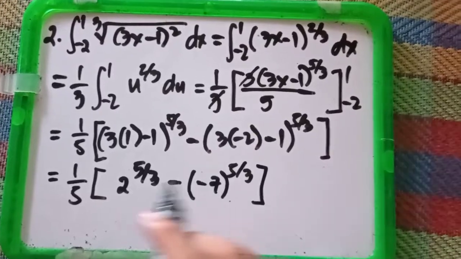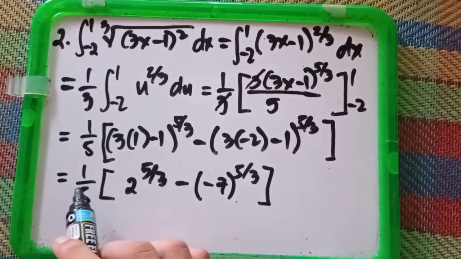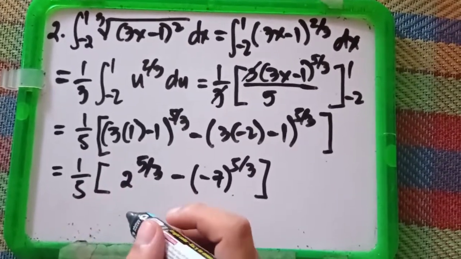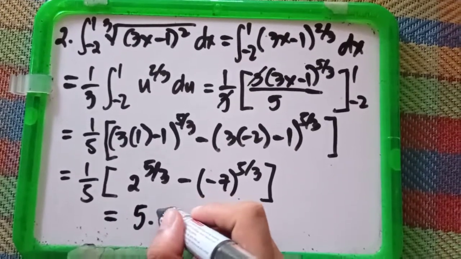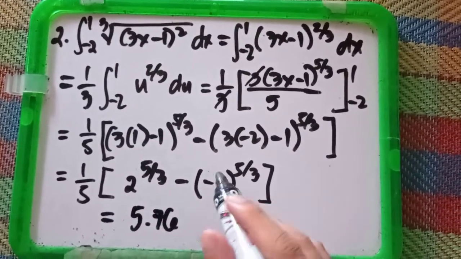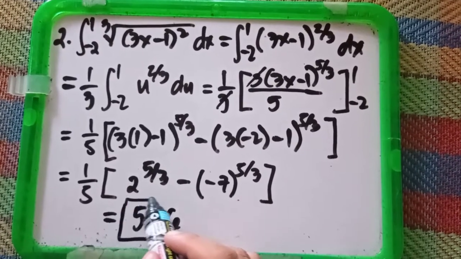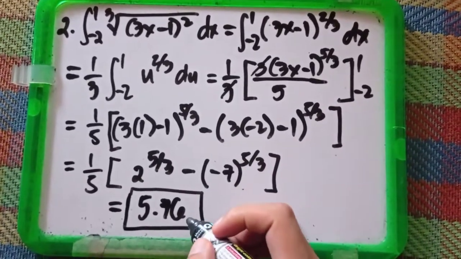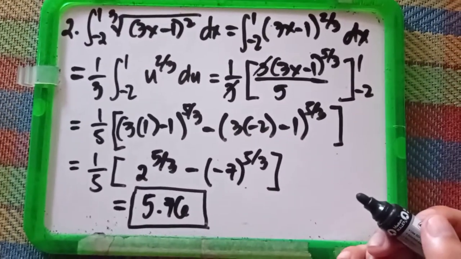Pag i-compute natin ito at i-add natin, tapos i-multiply sa 1/5, yung makukuha nating answer is 5.76. I think this is rounded off na sa hundredths. So that's the answer.